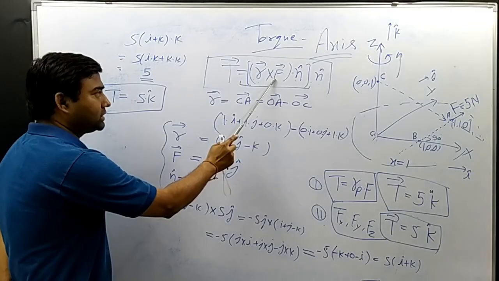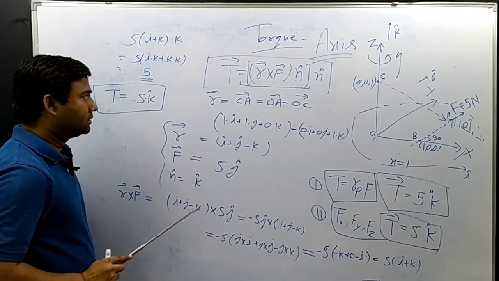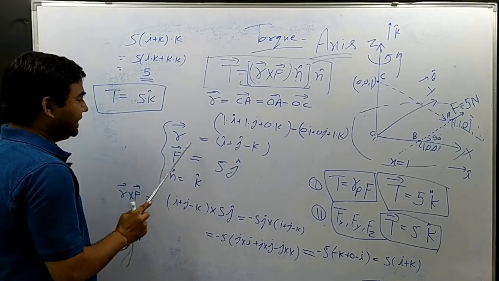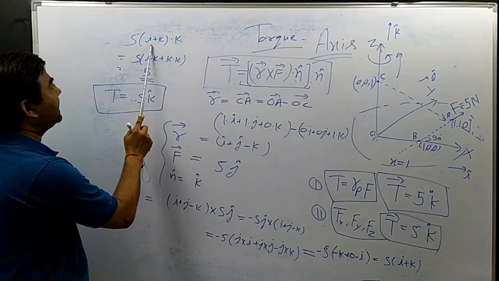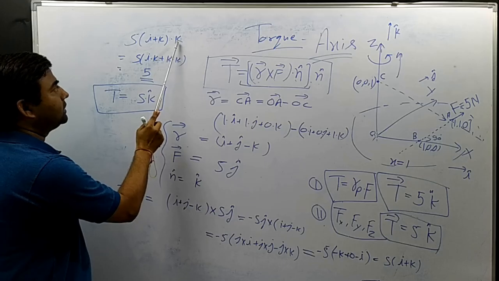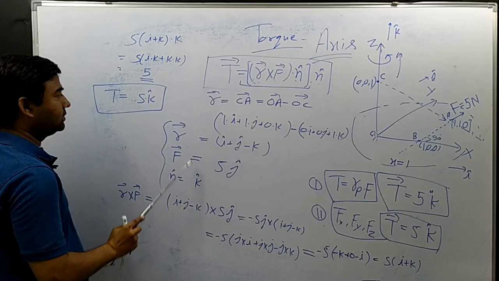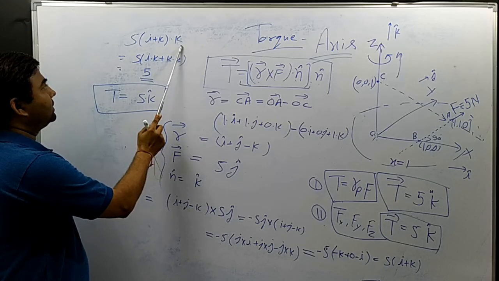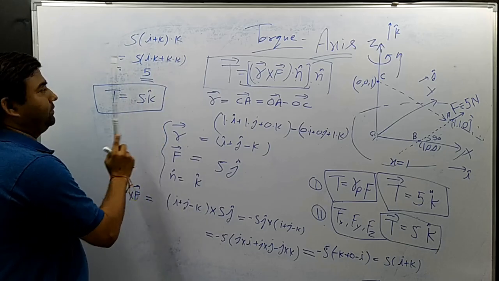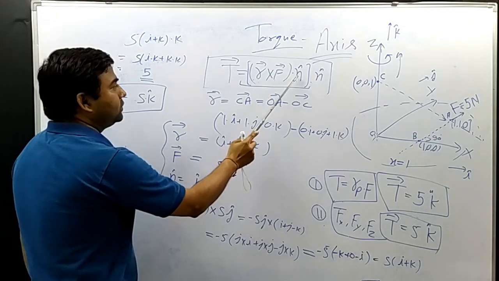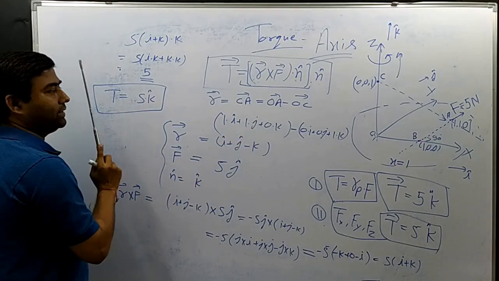Now r cross F dot n. Here n is k. So r cross F is 5 times (i plus k) dot k, which is n. After the dot product operation, only 5 remains. So r cross F dot n is 5.